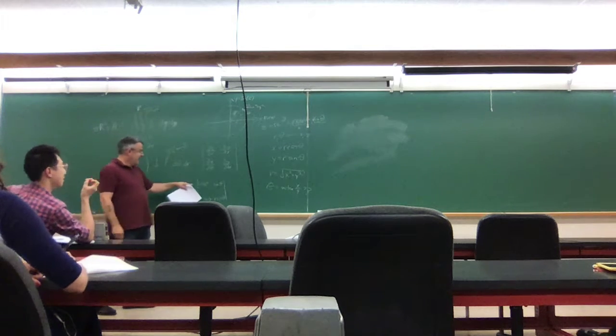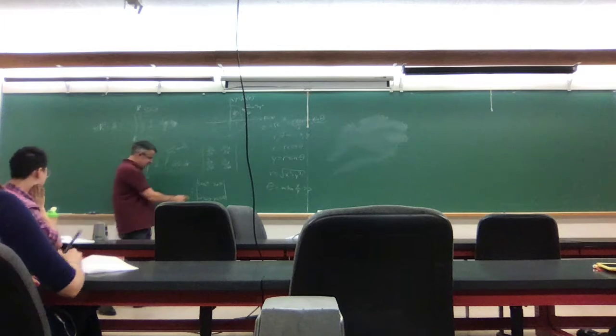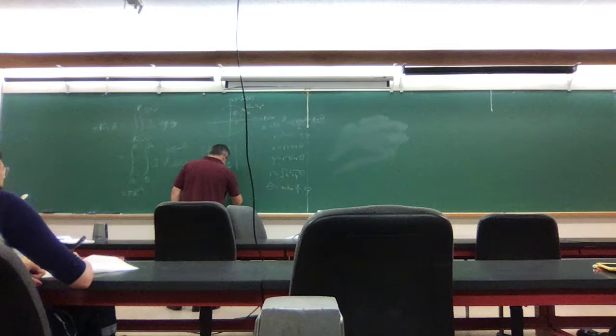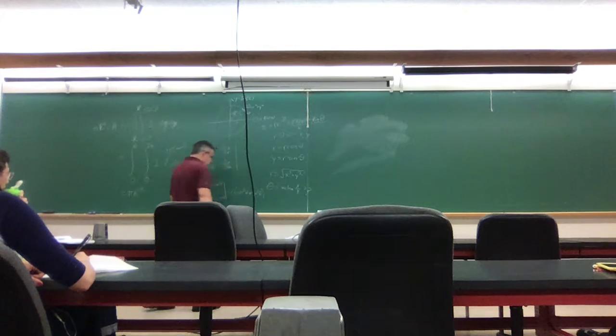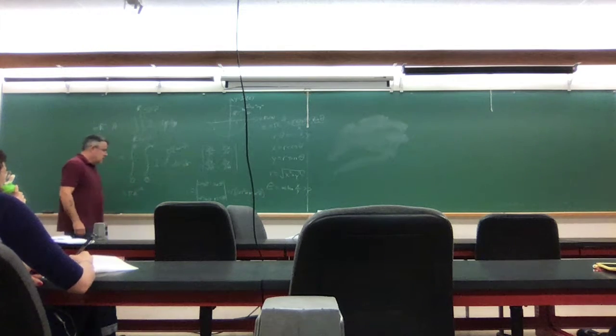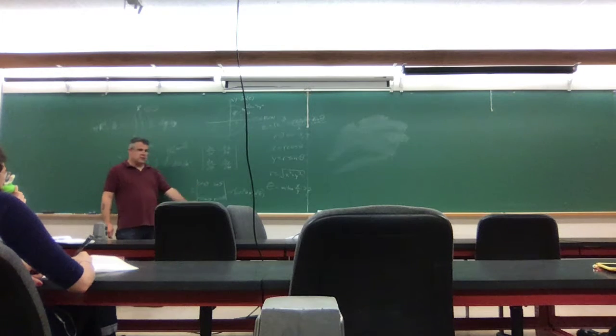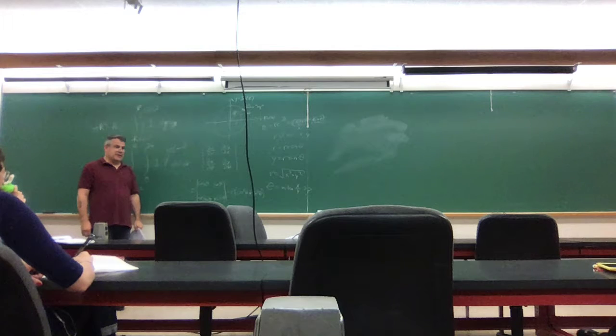Okay. So the determinant of the matrix is this guy times this guy minus this guy times this guy. So it's r times cosine squared plus sine squared. Can we simplify that more? We can, because what do we know? Exactly.